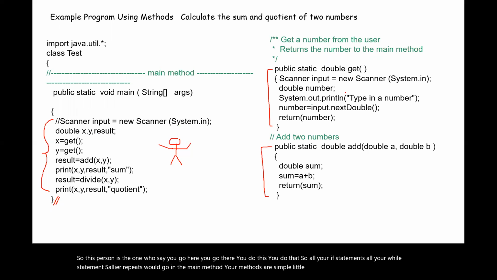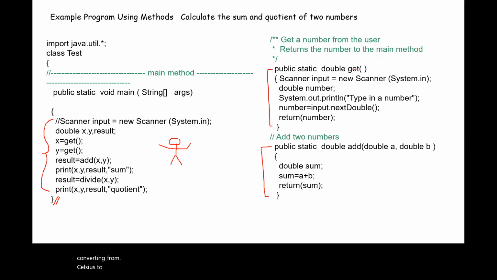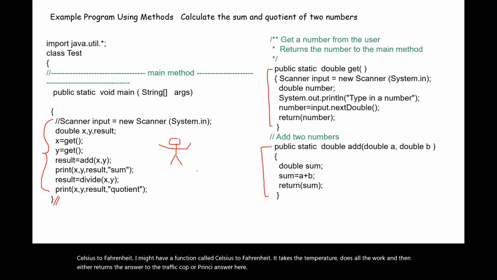They do one job. So if you're converting from Celsius to Fahrenheit, I might have a function called Celsius to Fahrenheit. It takes a temperature, does all the work, and then either returns the answer to the traffic cop or prints the answer here. So how do you know where to put things? All decisions happen in the main. All work happens in the other functions. All right, do the best you can.